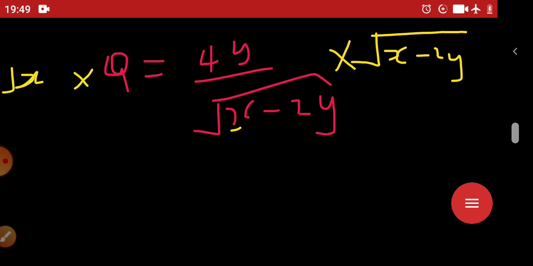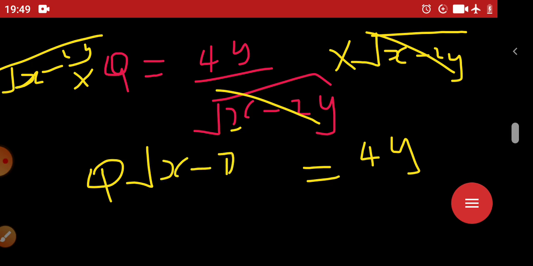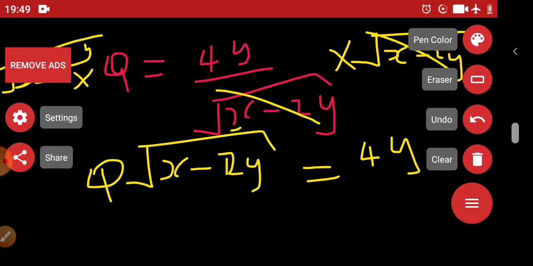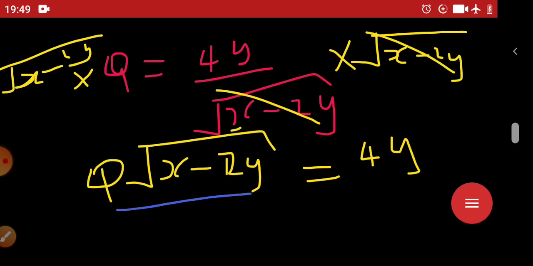So this will be the square root of x minus 2y. This will cancel this, and from the right hand side we are left with 4y, and from the left hand side we have q times the square root of x minus 2y. And remember that we can't multiply in here.